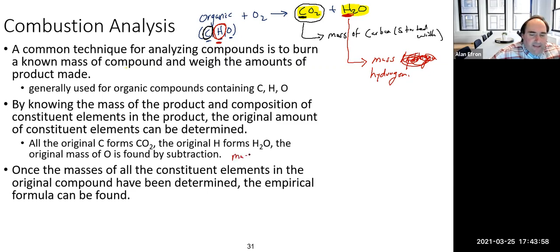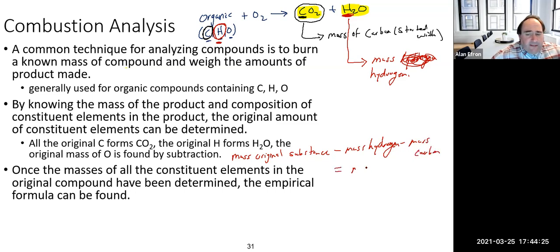And if we know the mass of the original substance, we can then subtract off the mass of the hydrogen that was collected. We could also subtract off the mass of the carbon that was collected. And that will give us the mass of oxygen that was originally there. Any questions on that approach?